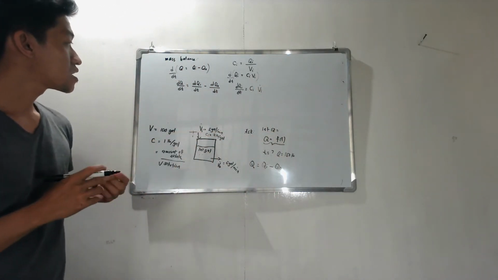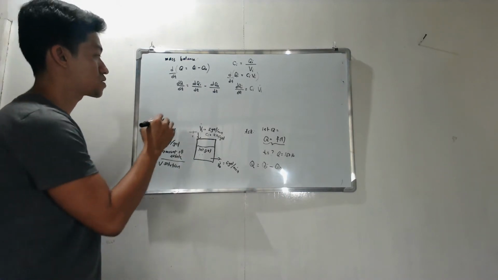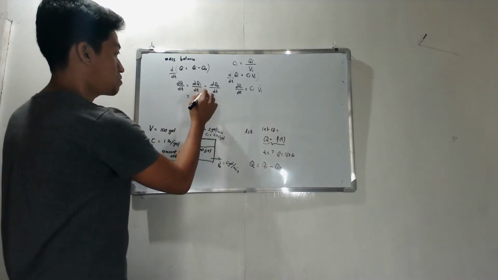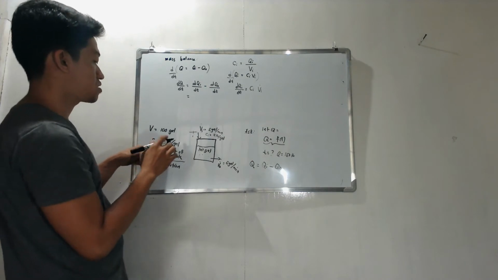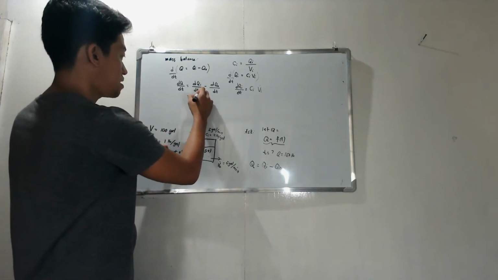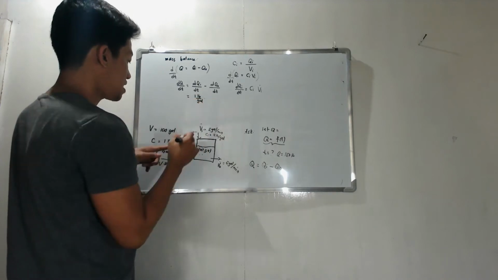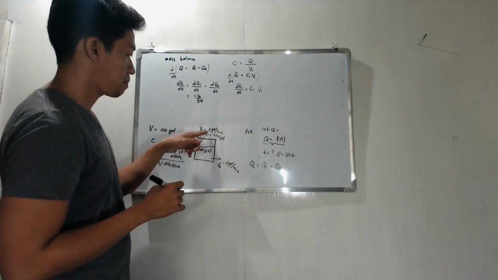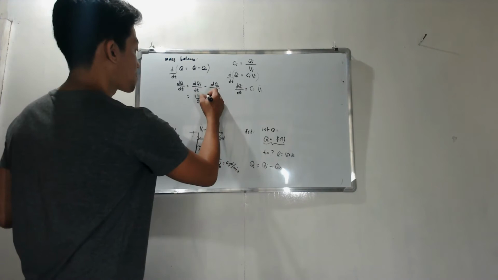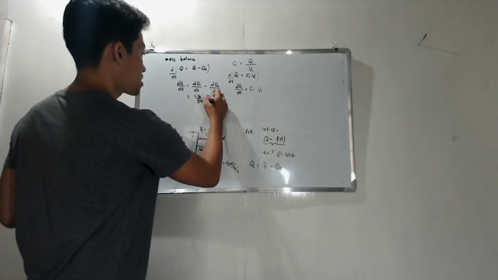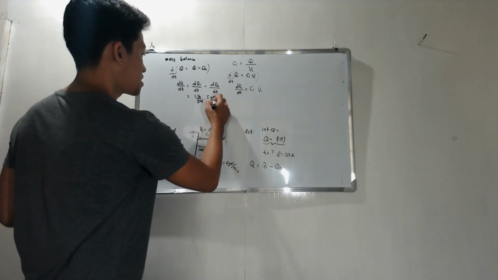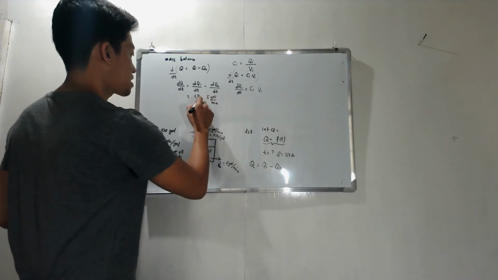Okay, so we'll now have C_I. What is your concentration? 1 pound per gallon times 5 gallons per minute.